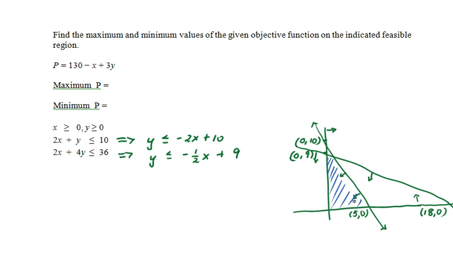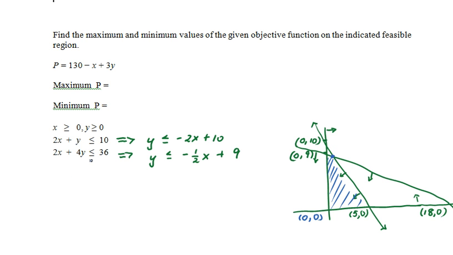And 3 of the vertices are (0, 0), (0, 9), and (5, 0). We don't yet have the point of intersection of the last 2 constraints.